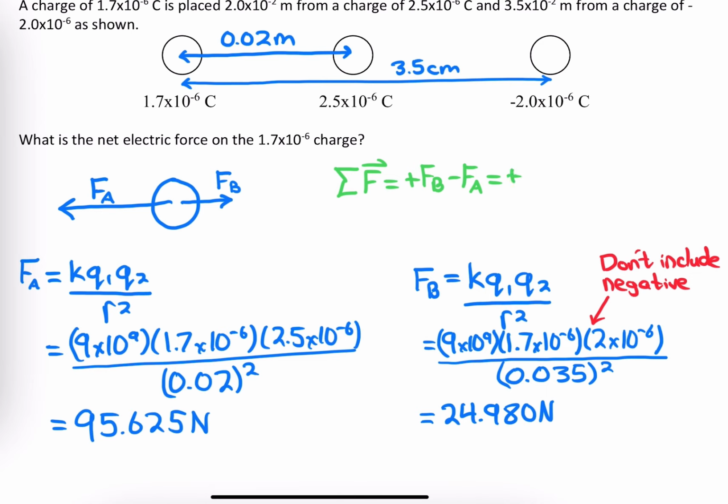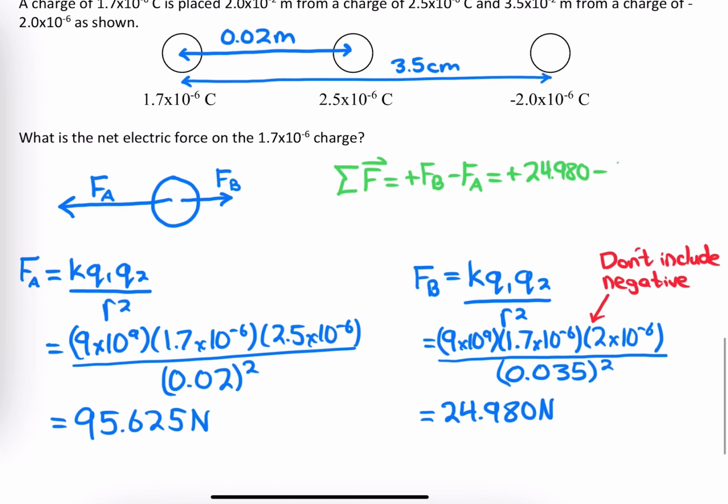So that means I have positive 24.980 minus 95.625. And that gives me negative 70.6 newtons, or better yet, 70.6 newtons left.